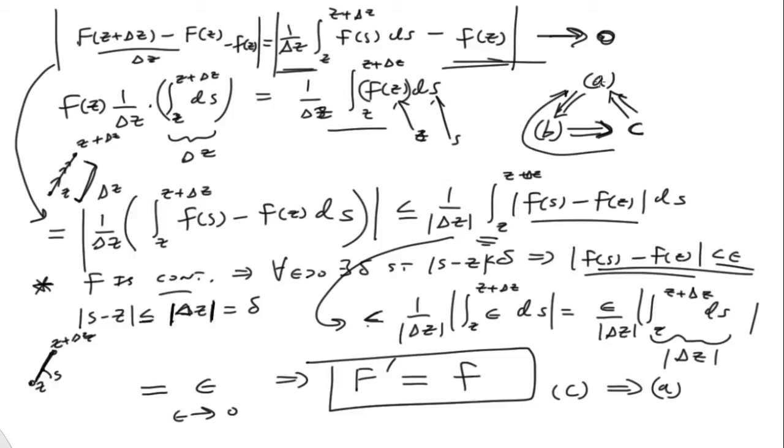As long as I know A is true, then B is true, then C is true, and then C being true means A is true, that means it also has to go in the opposite direction. We also proved that earlier. So all of them are true, and we have proved our theorem fully.